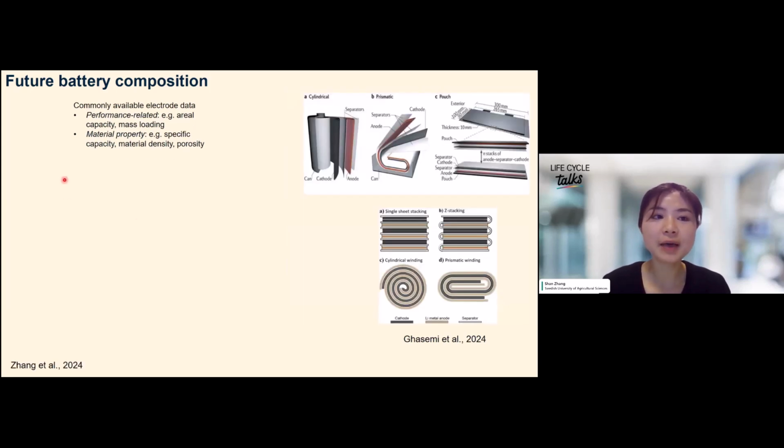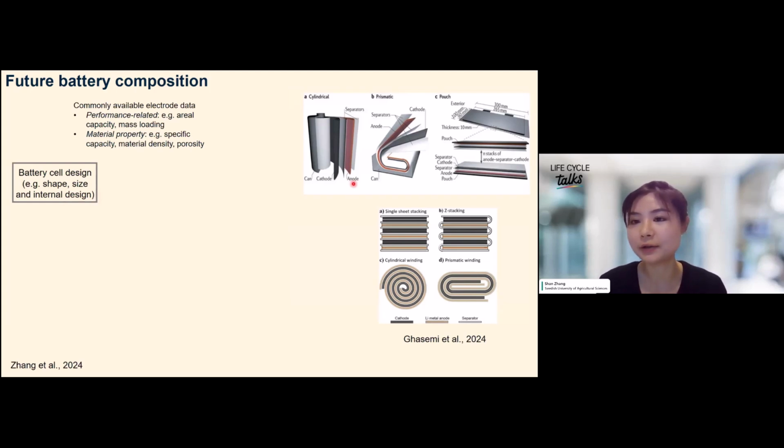So the first step is to decide on the battery cell design, like the battery shape, size, and internal design, single coated or double coated for the anode and cathode paste. In this step, the commercial battery design or dimensions can be used as references, and battery researchers' opinion is very important as well.